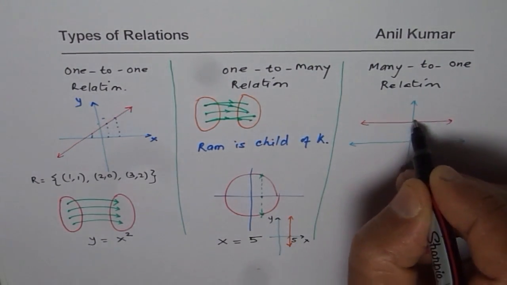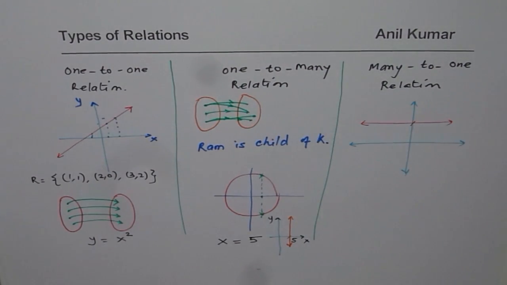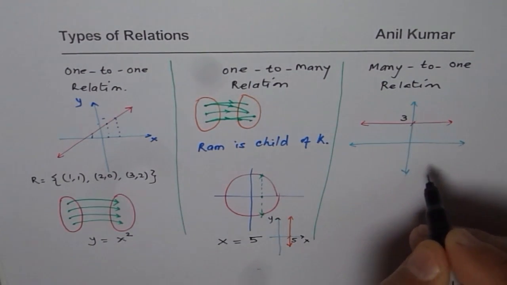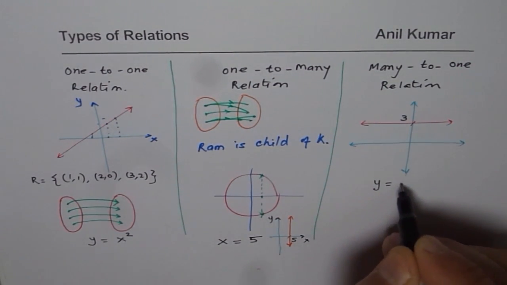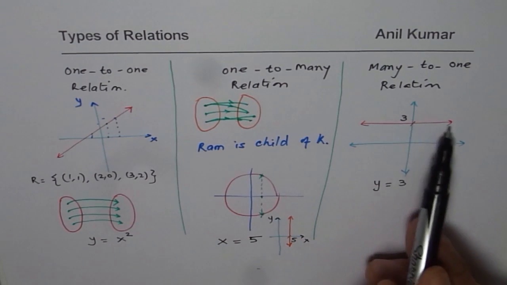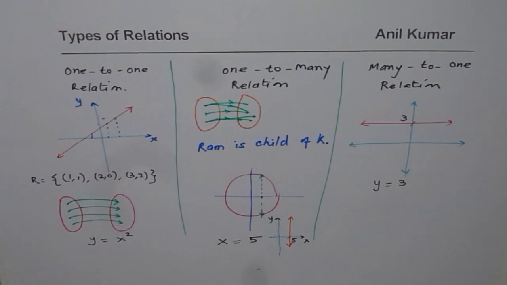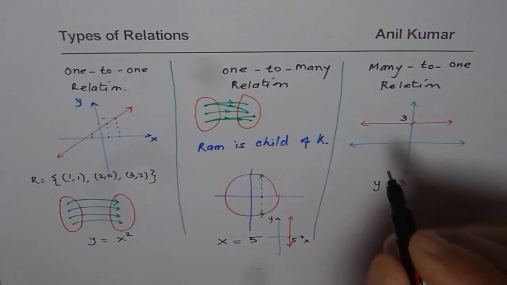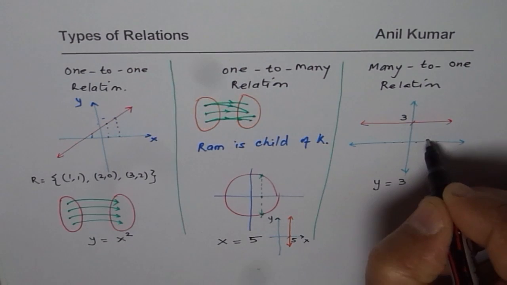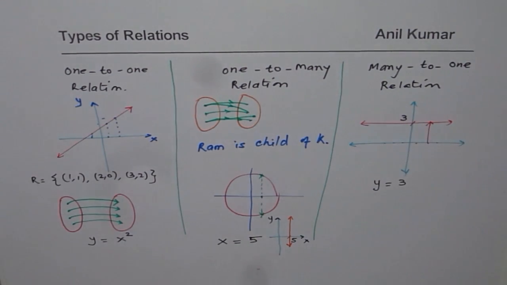Now this horizontal line has a y-intercept of, let us say, 3. So the line equation will be y equals 3. Now y equals 3 is this horizontal line, and as you can see, each and every value of x is linked with just one value of y, right?